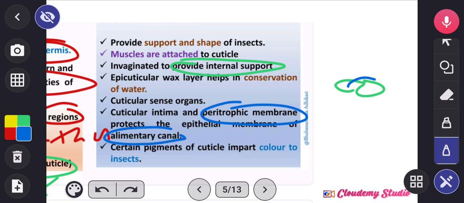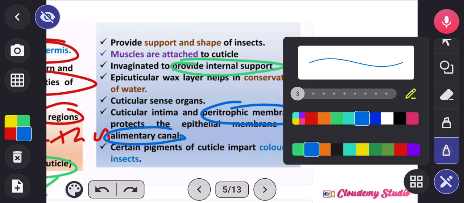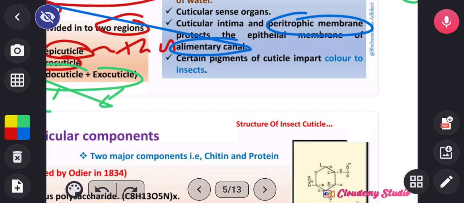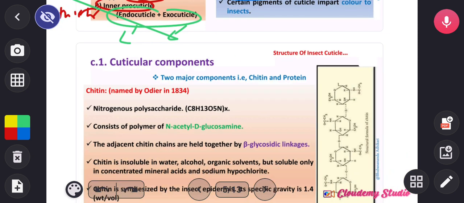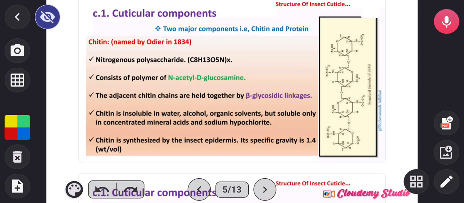Now, certain pigments of the cuticle impart color to the insect as well. So the color that the insect displays depends on the cuticular pigments. Now, what are the cuticular components? What are the things that are present in the cuticle? The first one is a nitrogenous polysaccharide that has 8 carbon, 13 hydrogen, 5 oxygen, and 1 nitrogen.